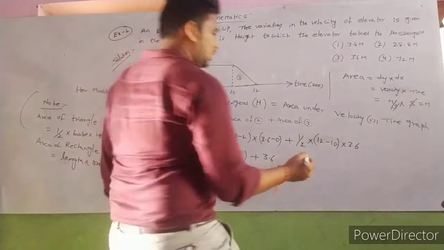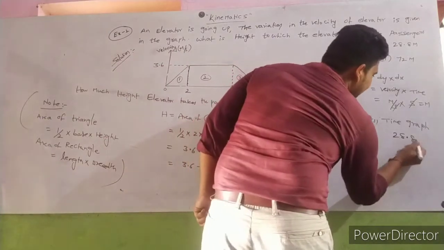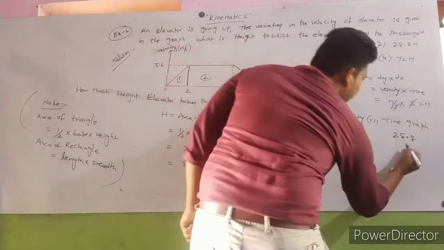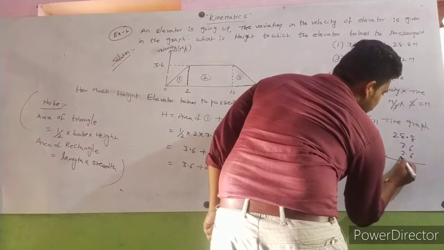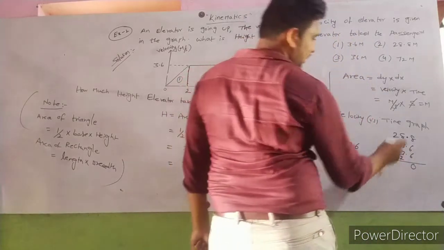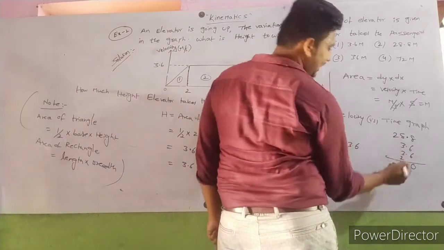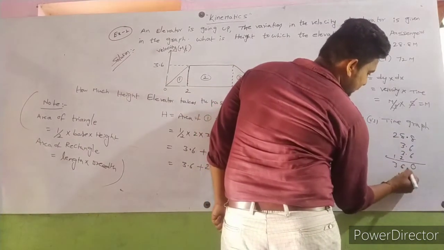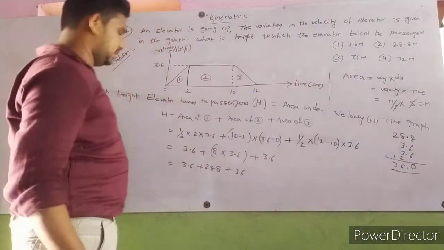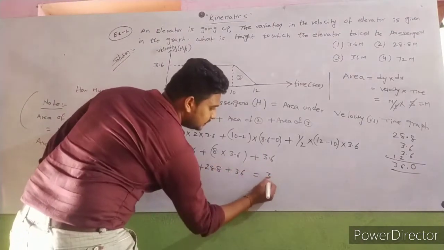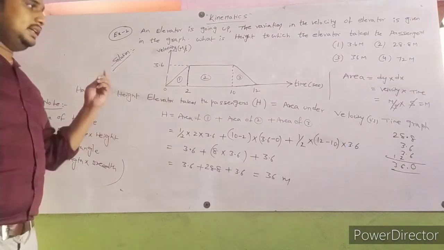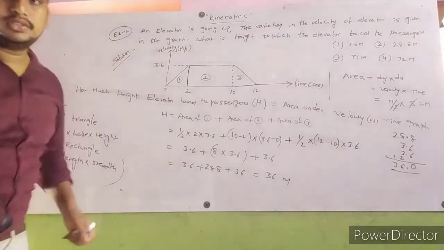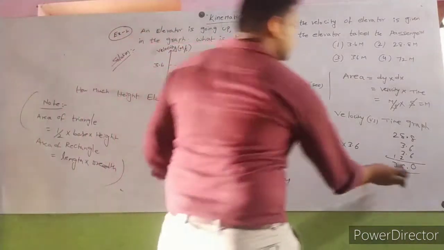Totally, this value 28.8 plus 3.6 plus 3.6 gives 36. So finally, what we got here? 36 meters. Is it or not? So we got 36 meters.